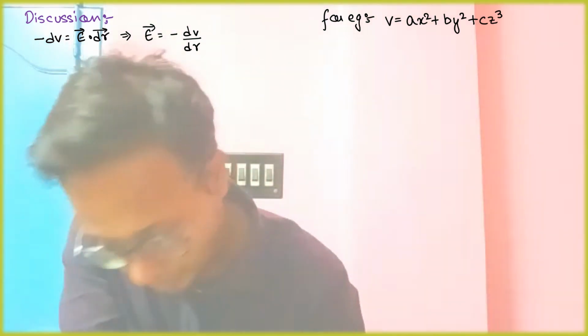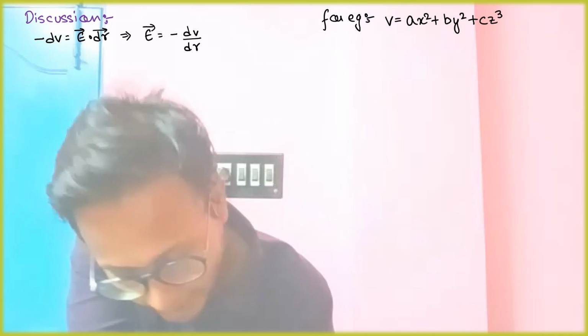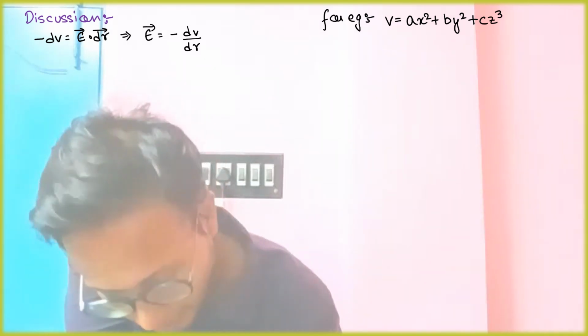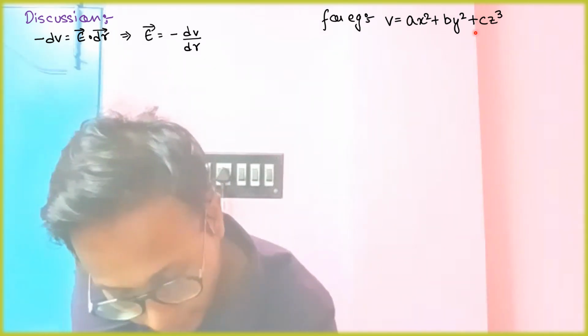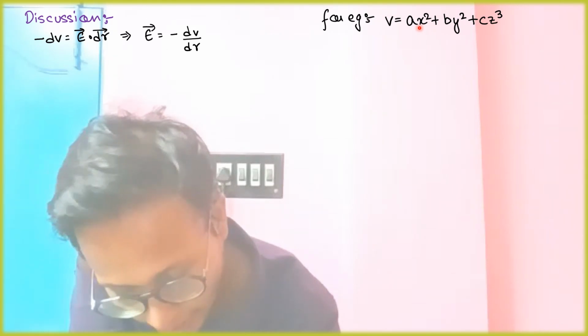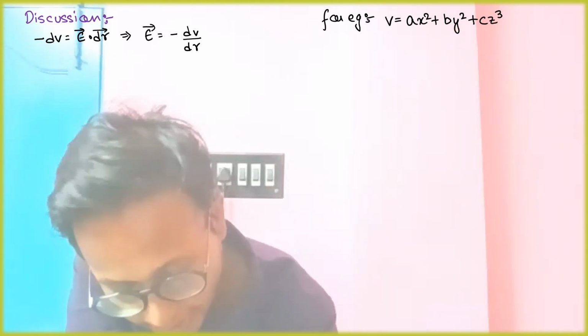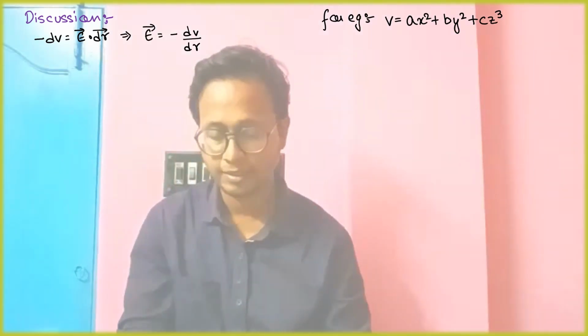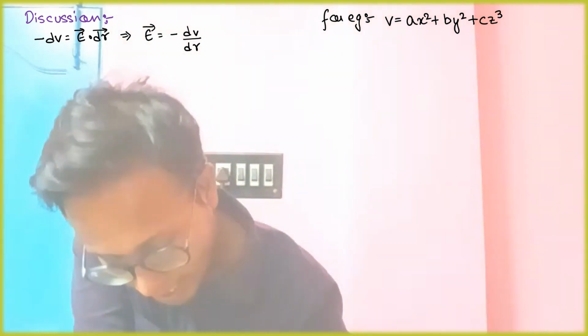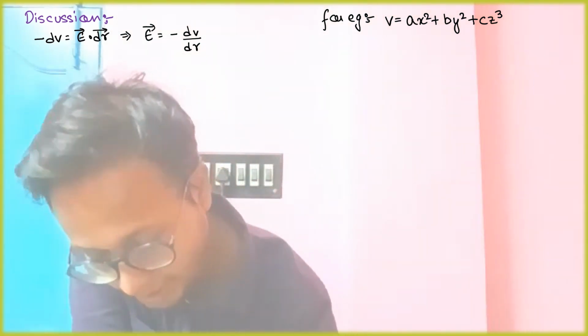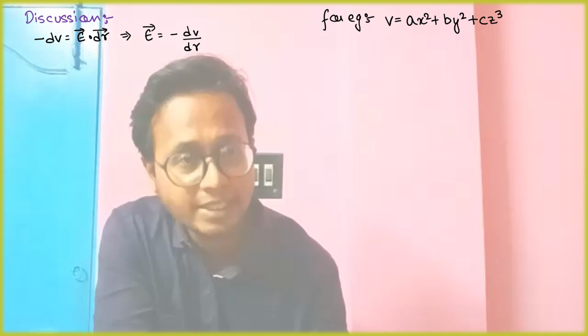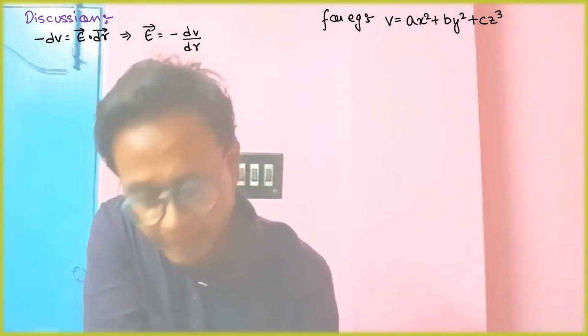See, we know that electric field is equal to minus dV by dr. Fair and fine. But here, how do you differentiate R? Here x square is there, y square is there, z square is there. How do we differentiate this thing? See, r vector or displacement vector can also be written as xi plus yj plus zk, isn't it?